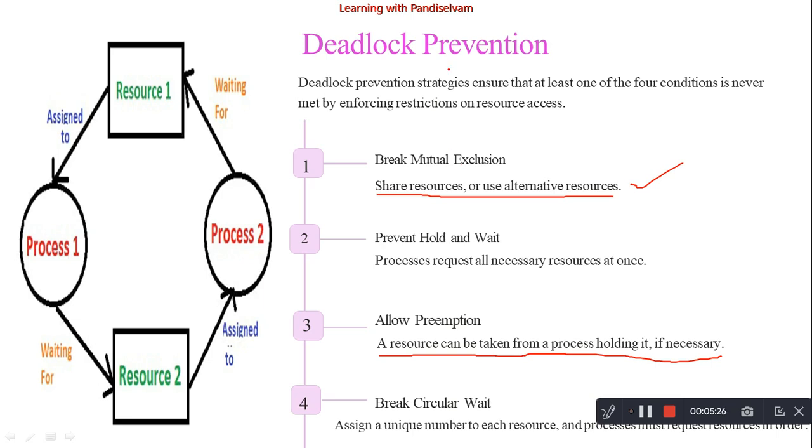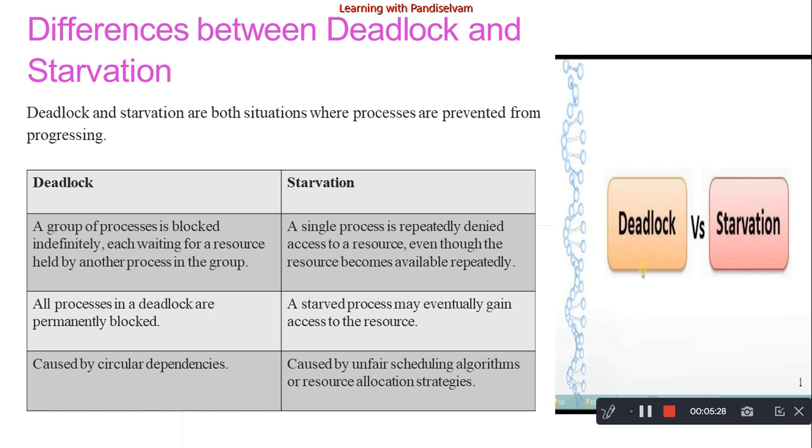Next, we must know the differences between deadlock and starvation. Both are situations where processes are prevented from progressing. In deadlock all the processes are blocked; in starvation only the lower priority process is blocked. All the processes in a deadlock are permanently blocked, but a preempted or starved process may eventually gain access to the resources.